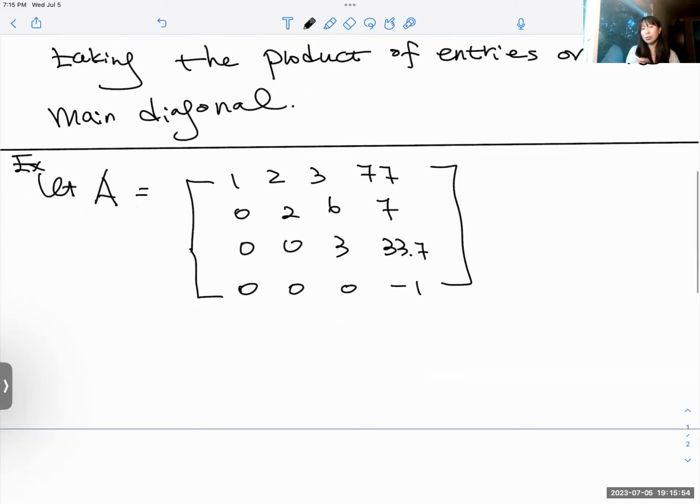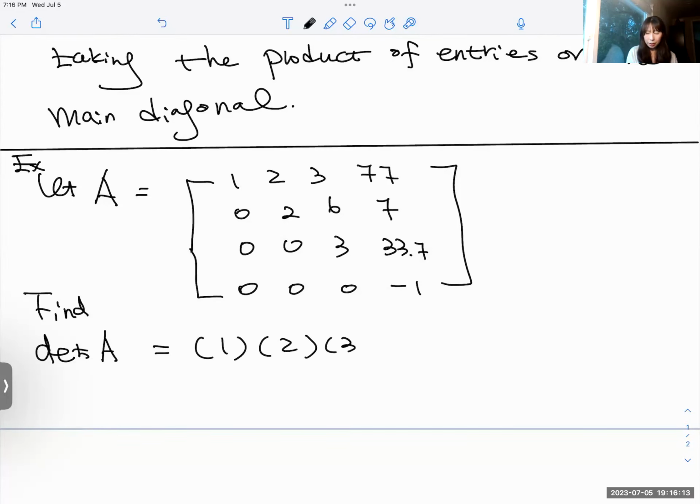We should recognize this is an upper triangular matrix. Then we just take the product of the diagonal: 1, 2, 3, -1.